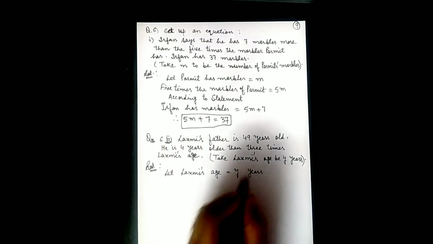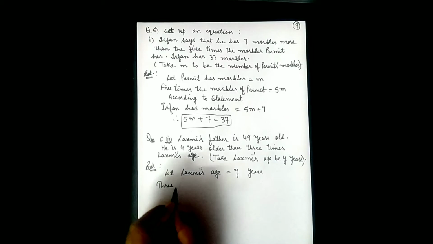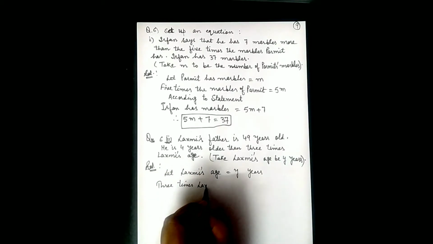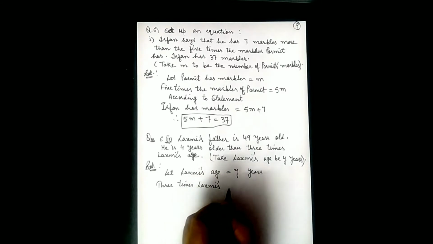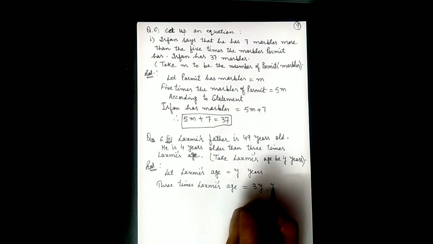Now, let Lakshmi's age is Y years. So 3 times Lakshmi's age is equal to 3y years.